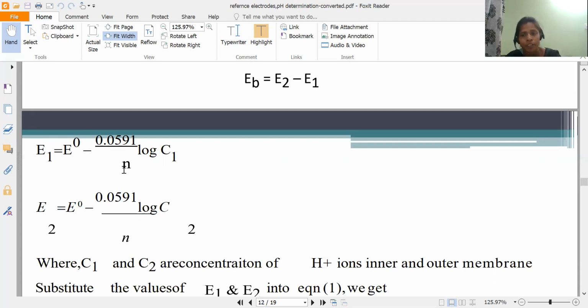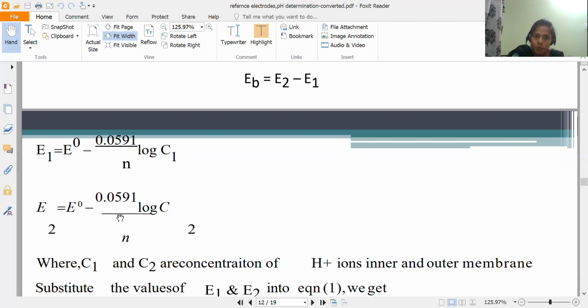That I will explain in the next class, how we got this Nernst equation. But just remember this. What is C1 here? C1 is the concentration of the internal solution. And the same for the external: E2 is equal to E0 minus 0.059 by N log C2. Log C2 is for the external solution, C1 for the internal solution.